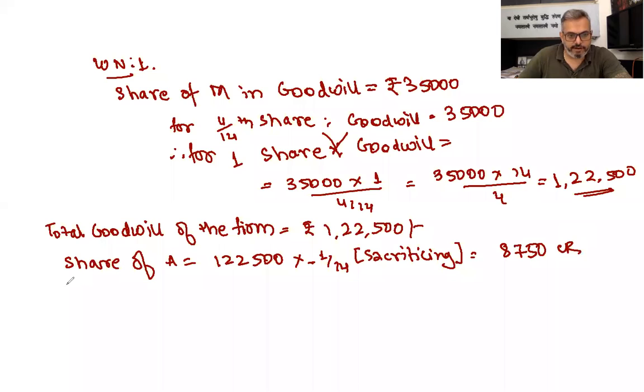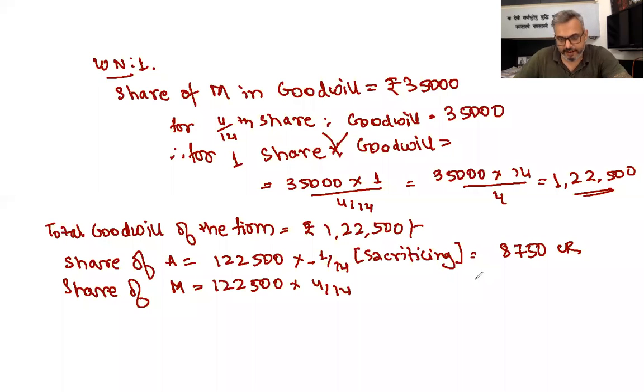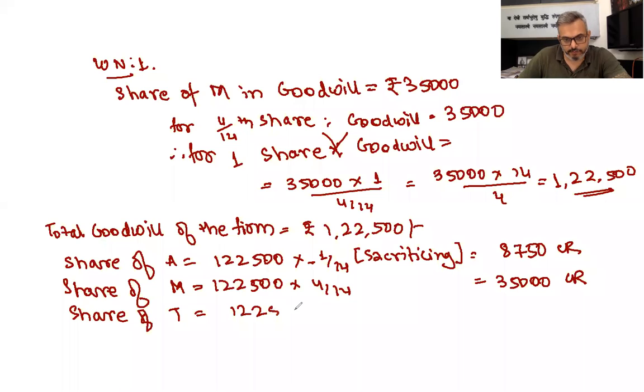Okay, then share of M we have already calculated, it is already given into 4/14. अगेन ये जा रहा है, इसका शेयर तो हमें पता ही है 35,000 है, तो इसको भी कर देंगे क्रेडिट. Share of T which is equal to 1,22,500 into T का शेयर फाइंड करो.